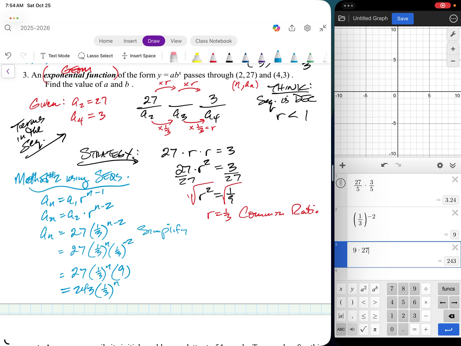If you compare this to a times b to the x power, that tells you that a is 243. That's your initial, that's a sub 0, by the way, 243. And b is 1/3, that's the same thing as a common ratio.